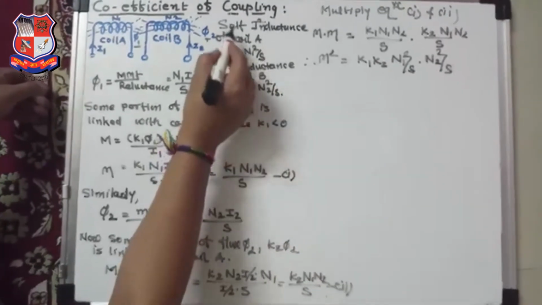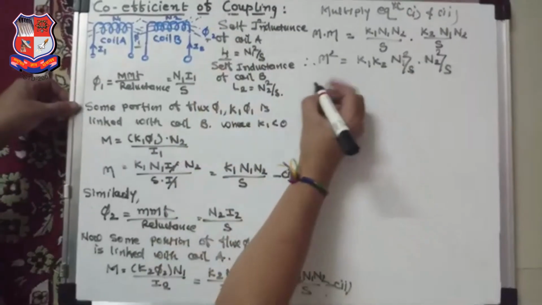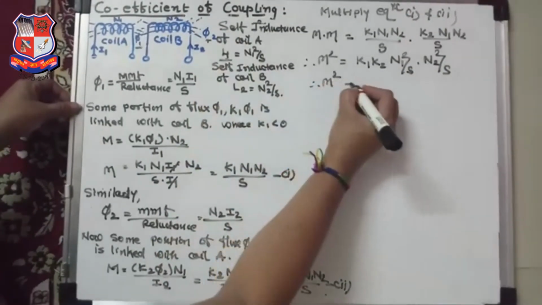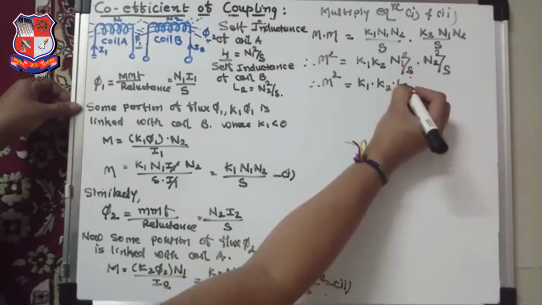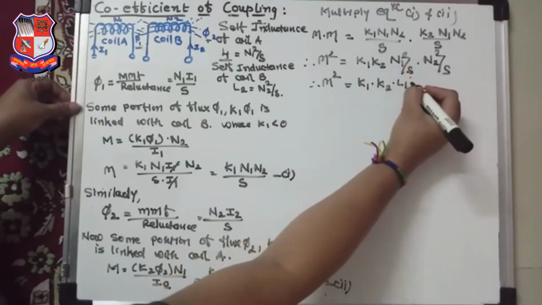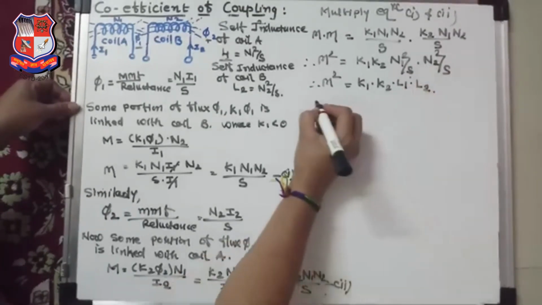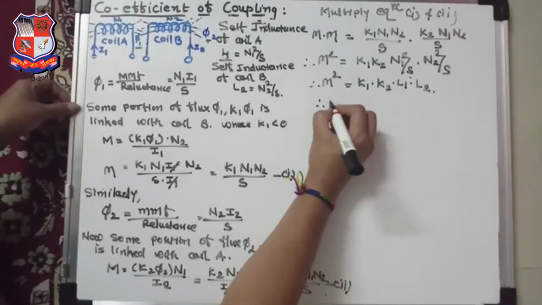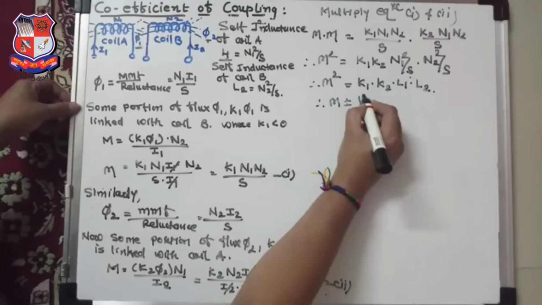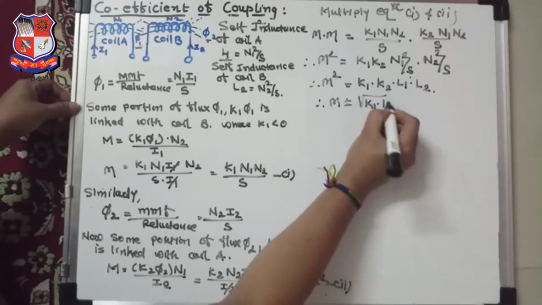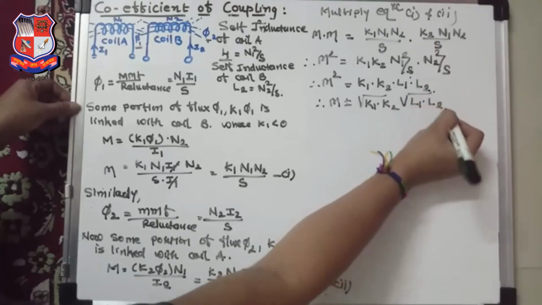It is the self inductance of coil A, denoted by L1. Same way, N2 square by S is L2. So M square is equal to K1 K2 L1 L2.